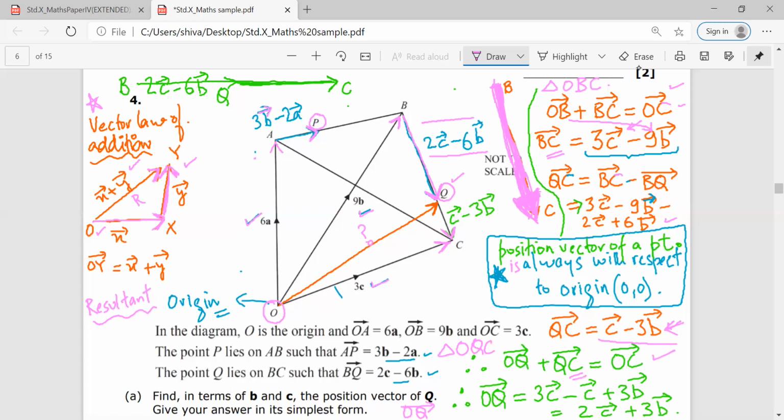So OQ would be OC, which is 3C, minus QC. QC is C minus 3B. So minus QC will be minus C plus 3B, and the final answer would be 2C plus 3B. Any doubt? No, sir. This is the answer that I found. Any doubt?